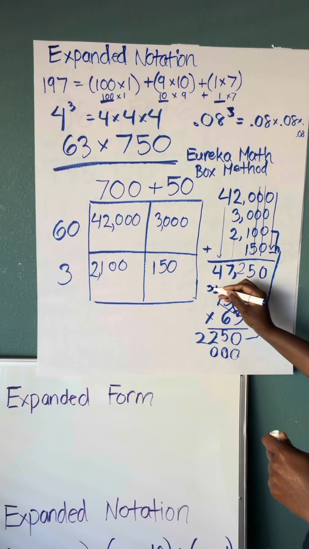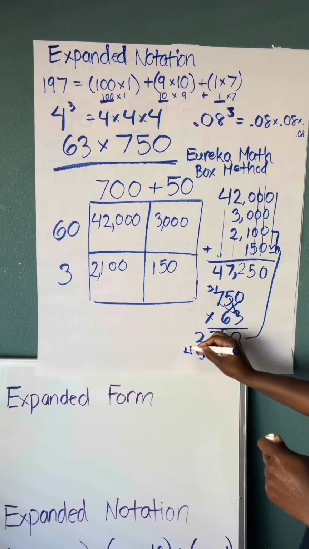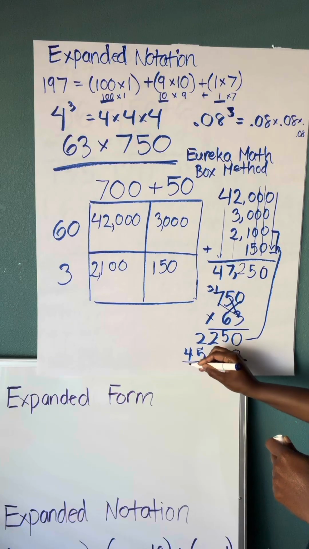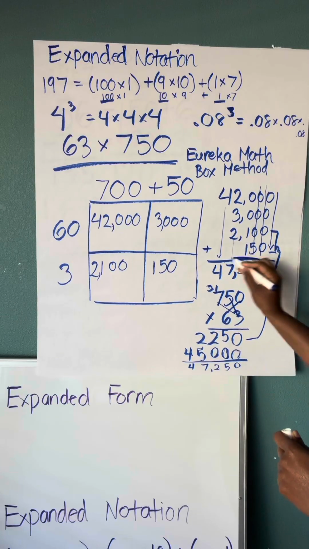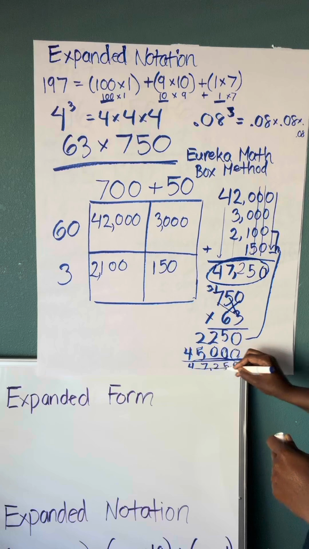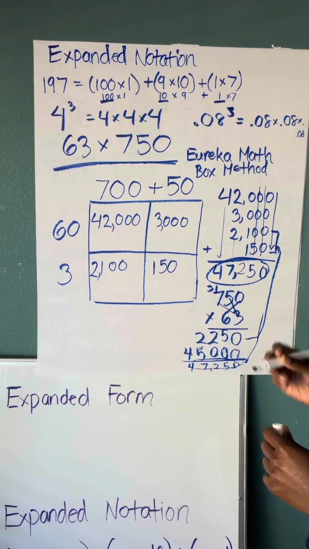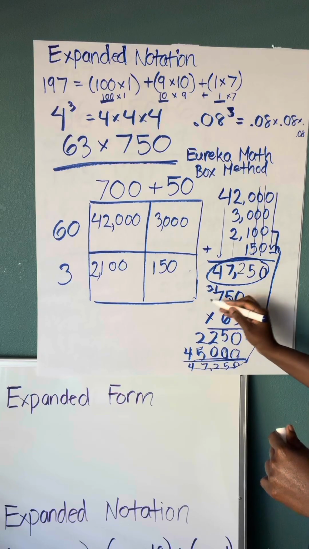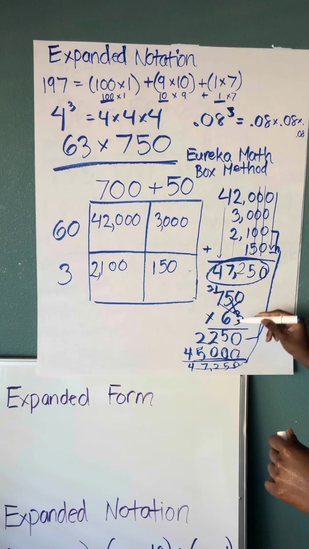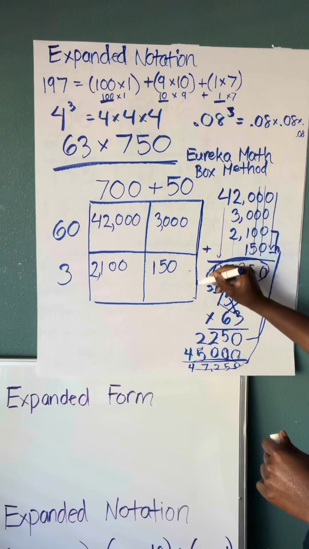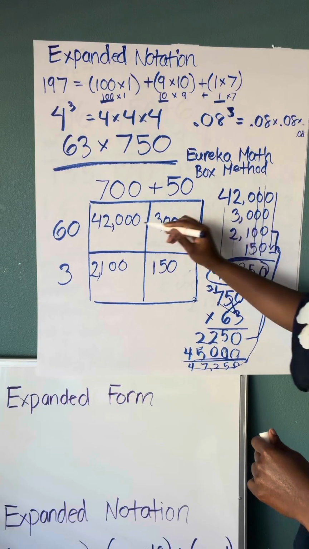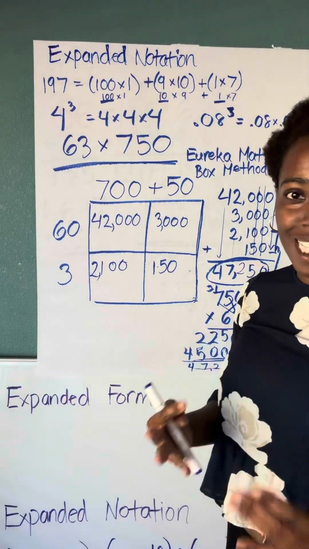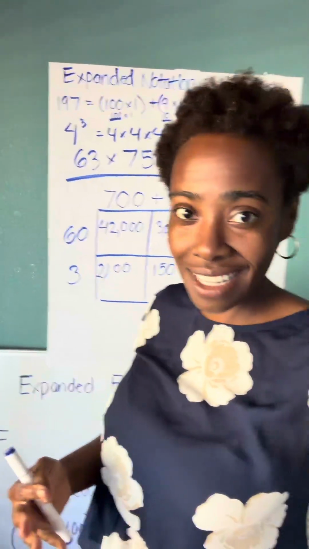That's 42, 43, 44, 45. Okay, 47,250. Oh, same. Give thanks. Same. You see that? But I like this more because, I mean, this is good. And some of the kids are still doing this, but I am challenging them. I'm inviting them to do it this way so they can see it and get into the habit of doing the steps.